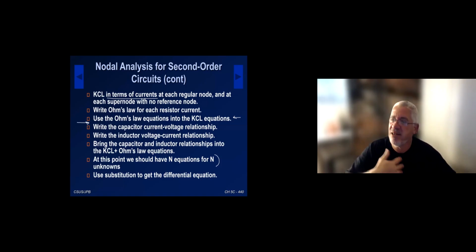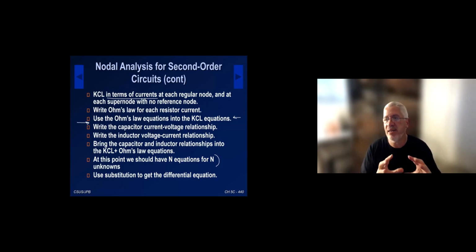We're going to practice this quite a bit, but I wanted to lay it out so that you can see it and you can refer back to it. Okay, and I'll try to use this outline in my solutions to reinforce that.